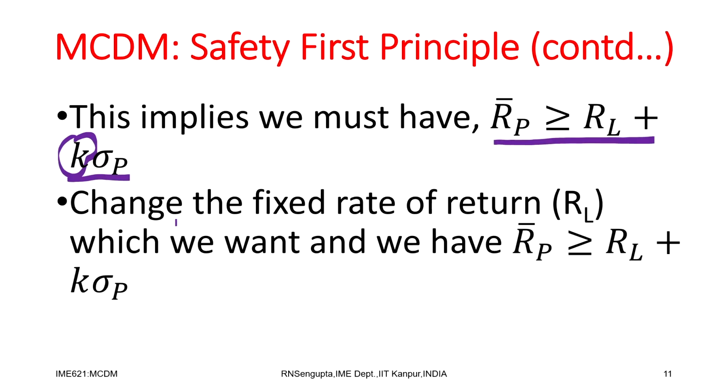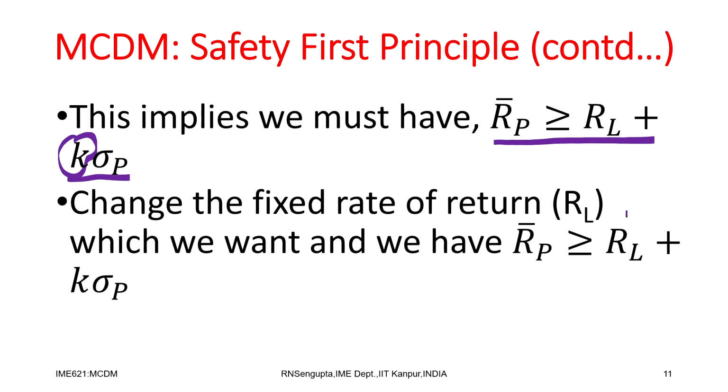So, you cannot do anything with alpha, you need to concentrate on R L only. That is what is written in the second bullet point: change the fixed value of R L which you want to have and keep finding the straight lines accordingly.